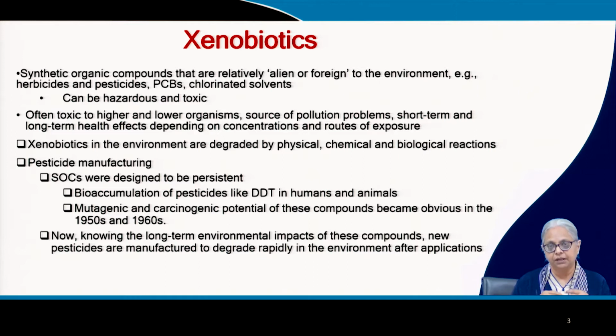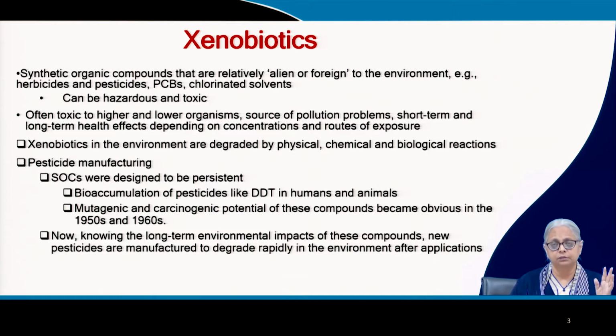Because of the higher body weight, we are actually taking in a dose that's far smaller compared to the smaller organism, and that's why the toxicity to the smaller organisms is visually evident to all of us. But for the higher organisms like human beings and other animals, the toxicity is apparent only over long-term or short-term exposure depending on the concentration that they are exposed to.